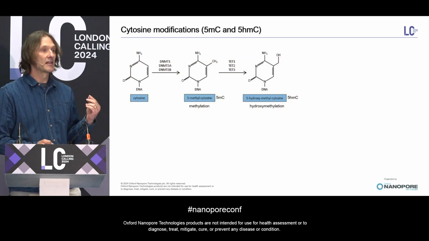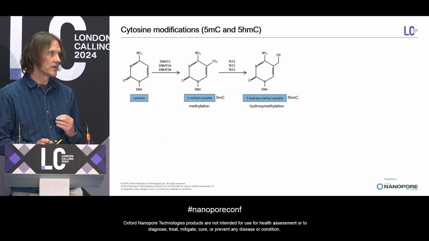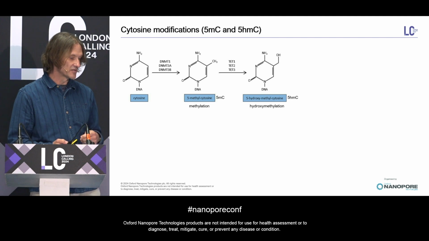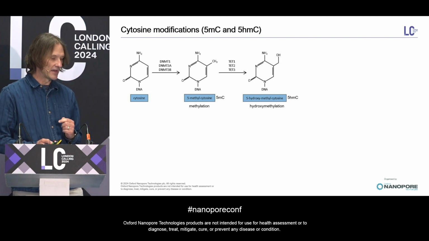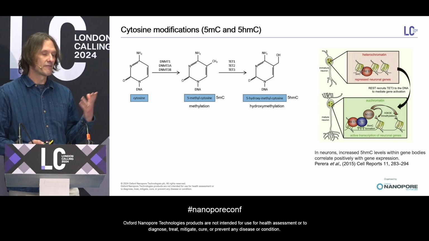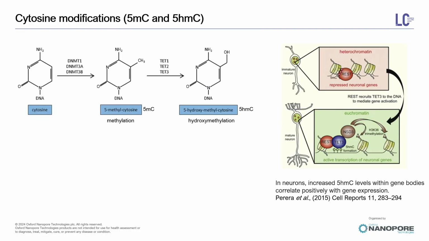Specifically in this talk I'll be looking at modifications of cytosine, so methylation, and also, interestingly, hydroxymethylation. For example, it's been found in neurons that increased levels of hydroxymethylation within gene bodies correlate positively with gene expression.